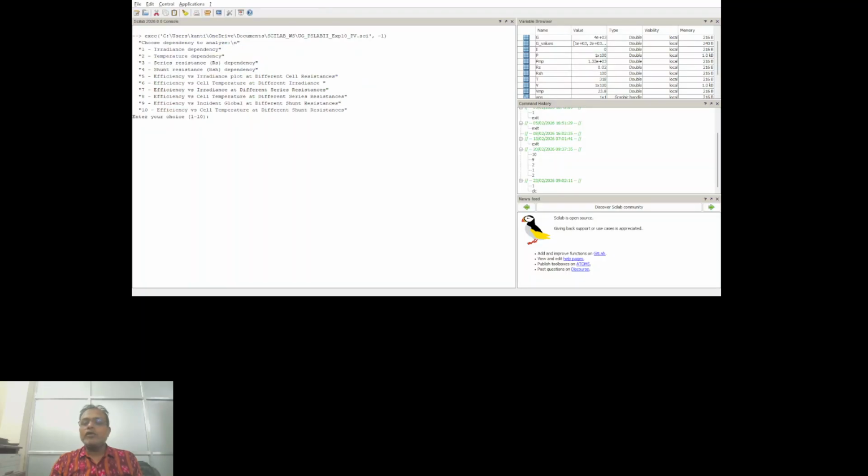So you go to the console, and when I go to the console, it gives me options for all the experimentation that we are going to see. For example, if you want to see irradiance dependency, I'll just put 1 and run it.